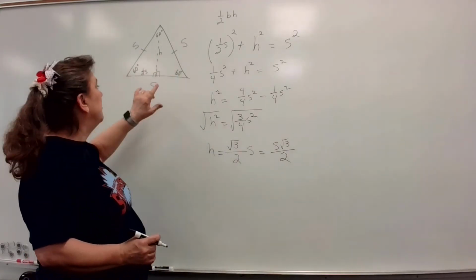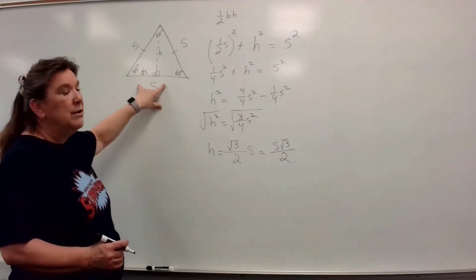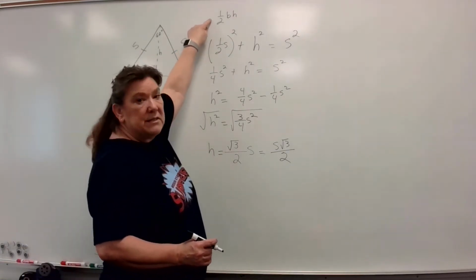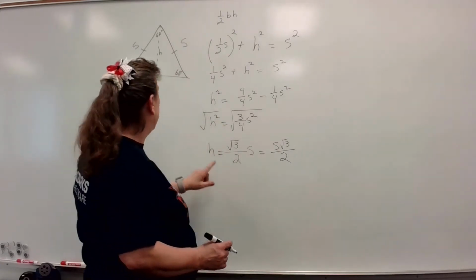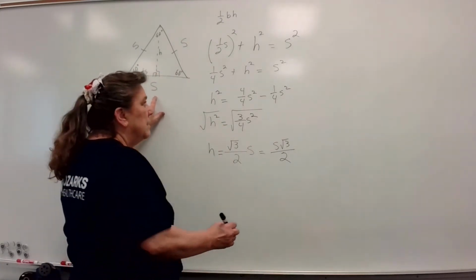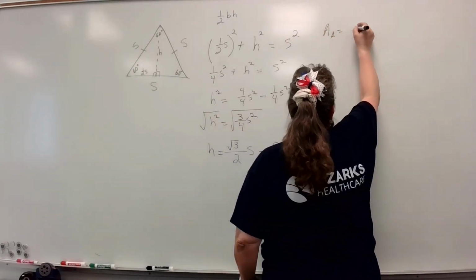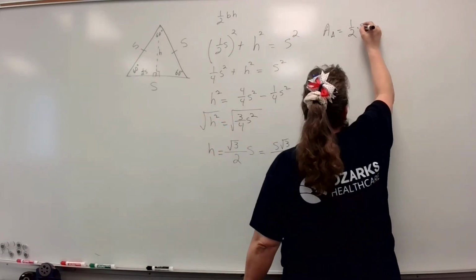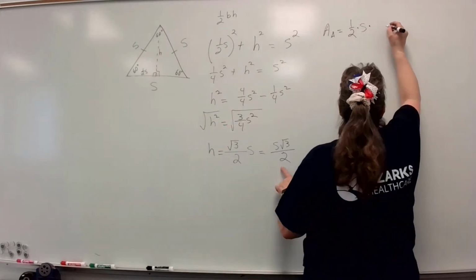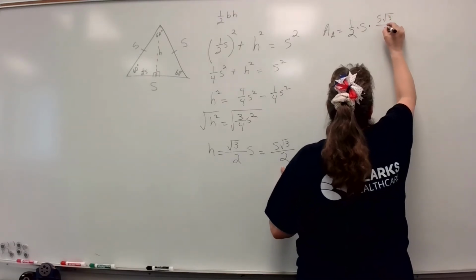So remember, the reason we're doing this is so we can find the area of the triangle, which is 1/2 the base times the height. So this is my height. My base is S. So my area of my triangle is equal to 1/2 times my base, which is S, times my height, which is S square root of 3 over 2.